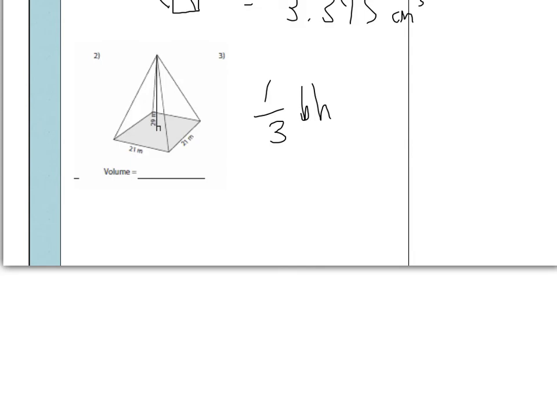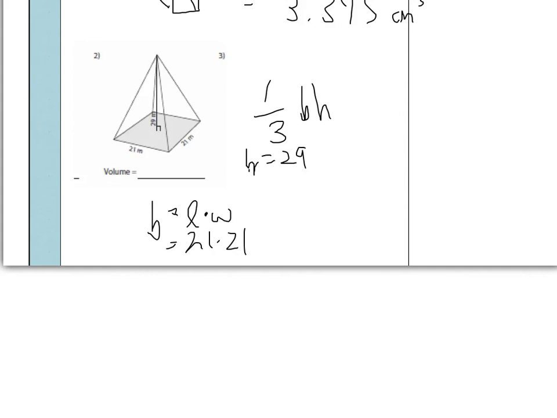Next, we have a pyramid problem. Now, going back to our pyramid, we know the formula for our pyramid volume is 1/3 base times height. So let's figure out the base and the height. The height is easy. The height has been given to us. It equals 29. The base is not quite so easy. The base, we need to find the area by solving for the area of our base, which is a square, which equals length times width, which is 21 times 21.